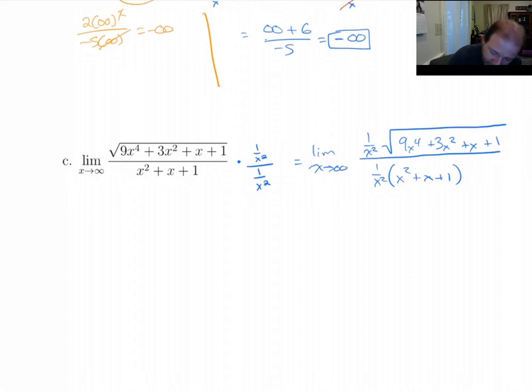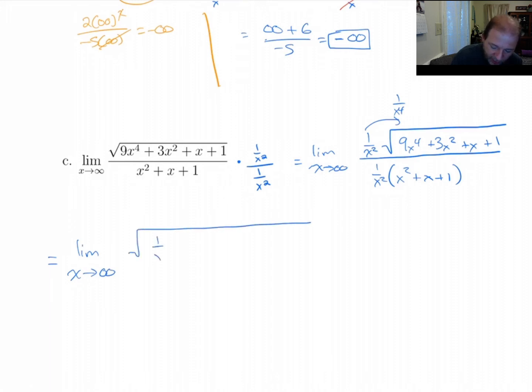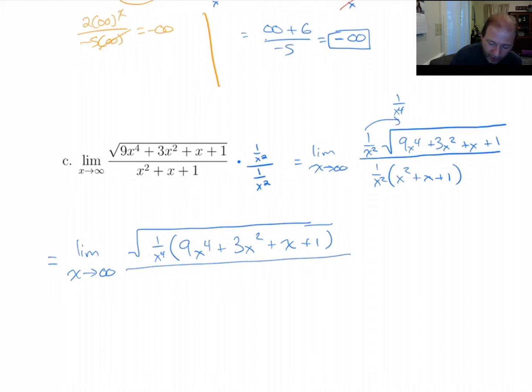So when this x squared goes inside, it's going to become 1 over x to the 4th. So inside my radical, I've got 1 over x to the 4th times 9x to the 4th plus 3x squared plus x plus 1. And downstairs, I've got 1 over x squared times x squared plus x plus 1.